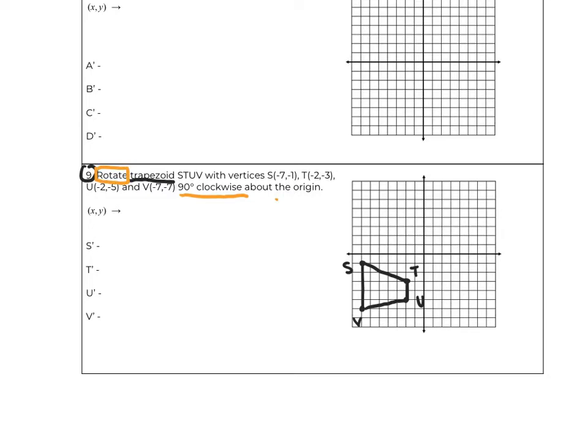So if it's 90, you want to flip X and Y. So Y, X. And then if it's clockwise, remember clockwise equals to the right, that way. So you want to think the right side of your mapping rule gets the negative.